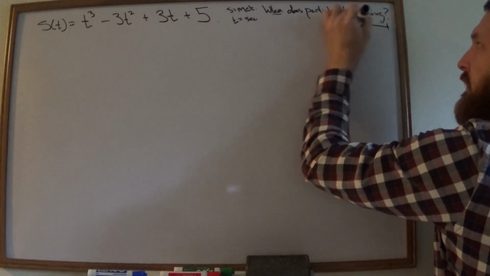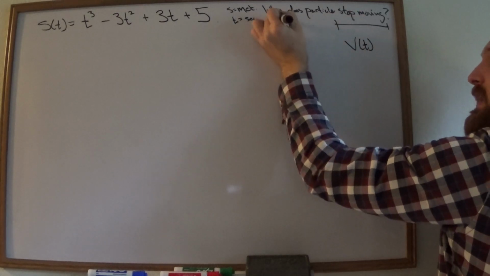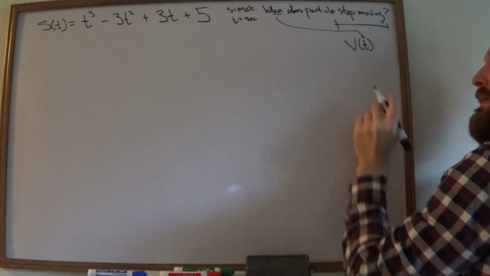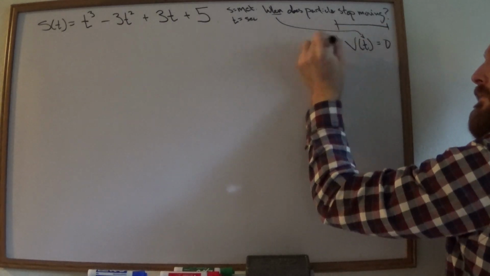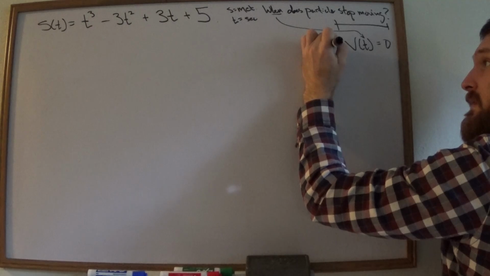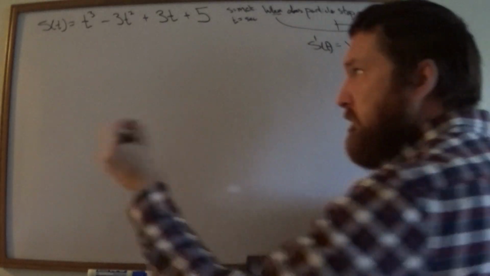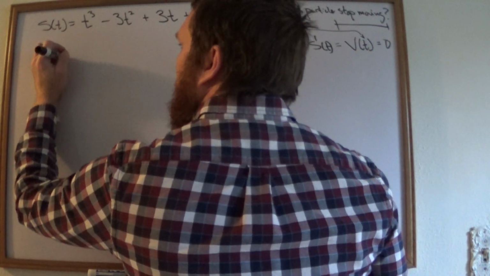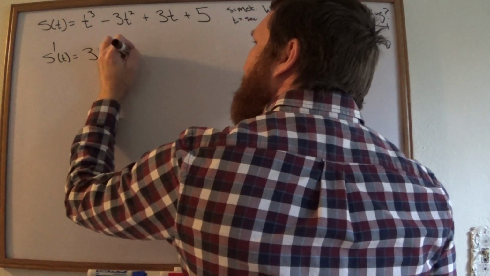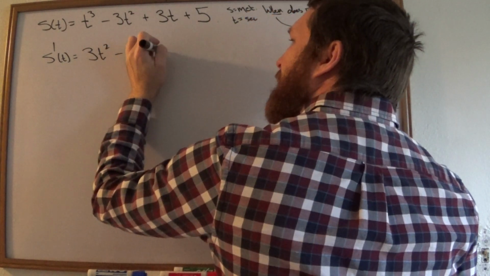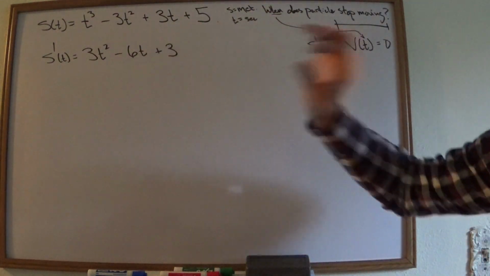At what time, what input gives me an output of 0. Velocity is the first derivative of s of t. So what do I need to do? Take the derivative, and what does that give me? 3t squared minus 6t plus 3. And we want to know when is that equal to 0.